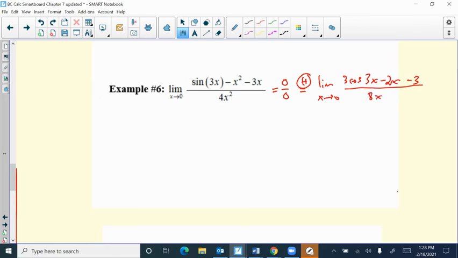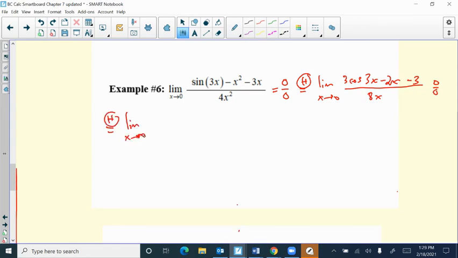So again, try to approach 0. Now, cosine of 0 is 1. 1 times 3 is 3, but 3 minus 3 is 0, and there's another 0. So we're still of the indeterminate form, 0 over 0. So we could say it's going to be equivalent to comparing the rates of their derivatives.